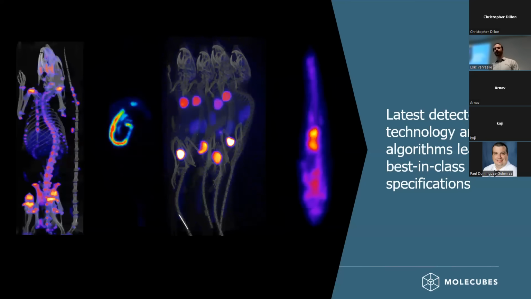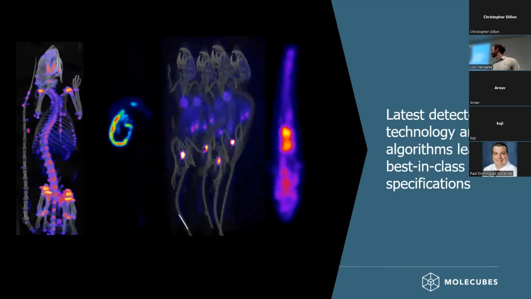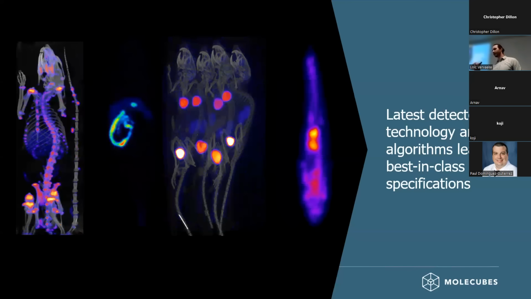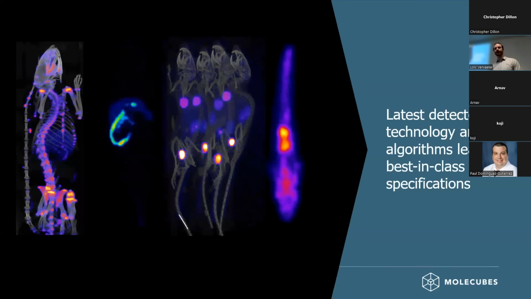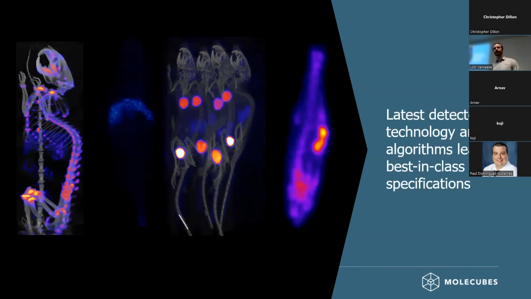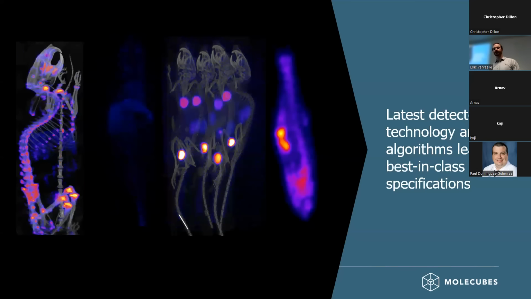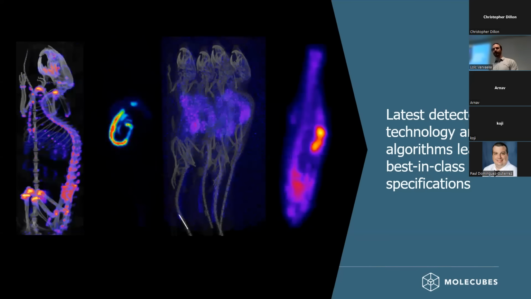Again, an incredible factor in achieving higher throughput imaging. And then the image on the right-hand side is a zebrafish, which I believe is just about an inch tall. Just to highlight again the resolution of the system, you can still distinguish the different organs within this small animal.